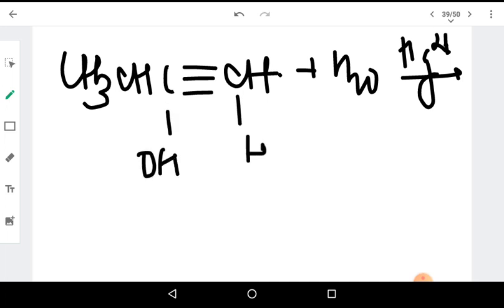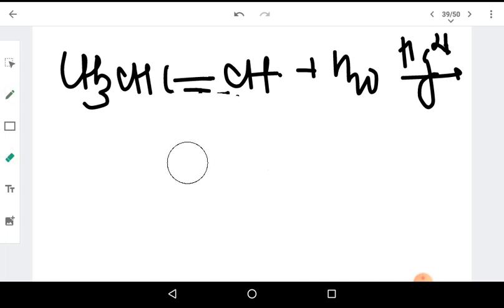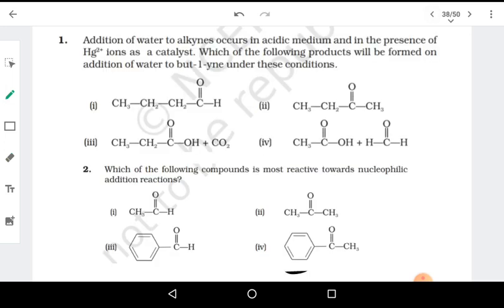Triple bond is broken, double bond is present. This bond will come over here, and the hydrogen will go to this carbon. And now what are we getting? We will get CH3CH2C double bond O CH3. This is what we're getting. So the answer should be option number 2.